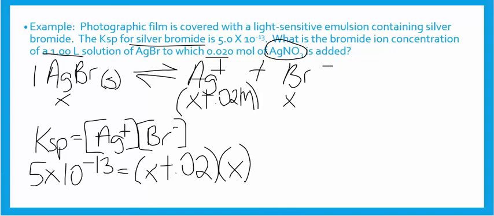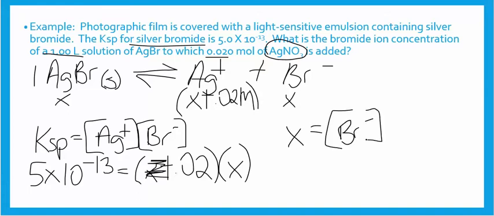Okay, mathematically this looks like we're going to get into a quadratic, but I would like to avoid the quadratic if we can. x is a really small number, so when I add it to 0.02, it is negligible. We can just get rid of plus x, and that makes the math a lot easier. So get rid of plus x. x is really small compared to 0.02. It's negligible. We're solving for the concentration of bromide, which is just x.